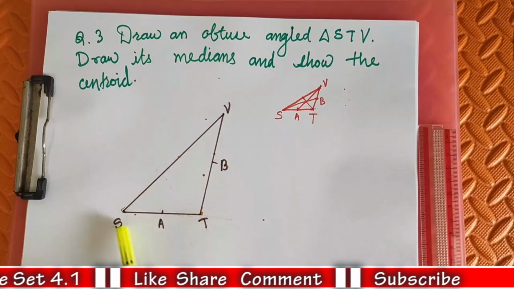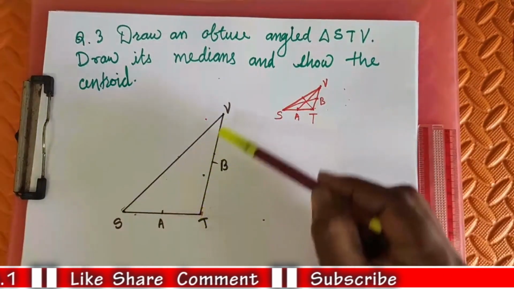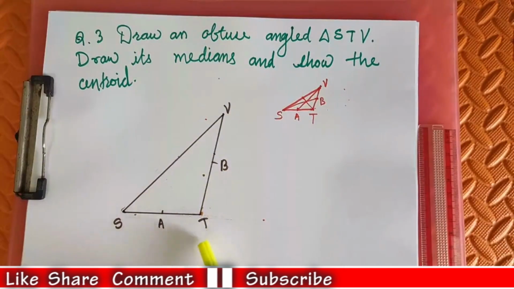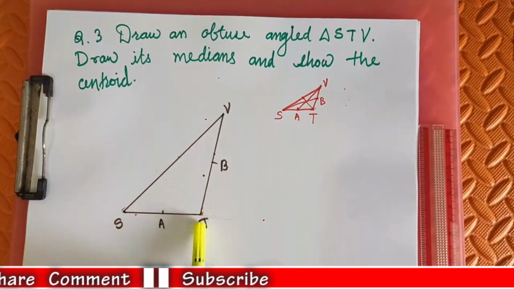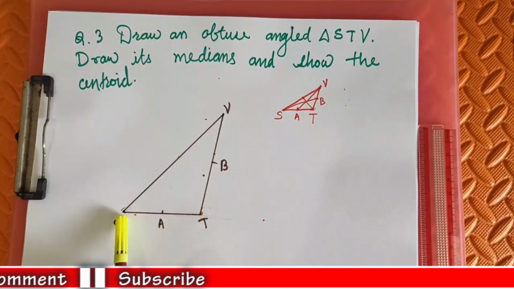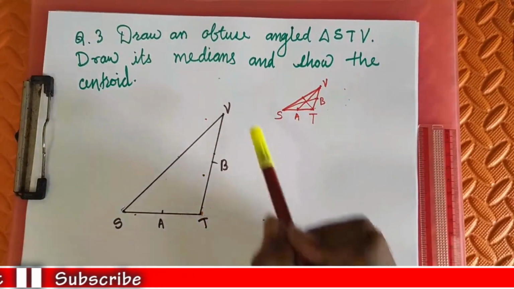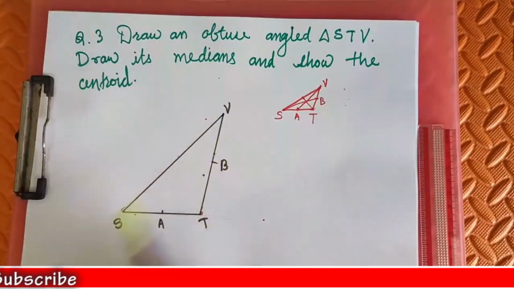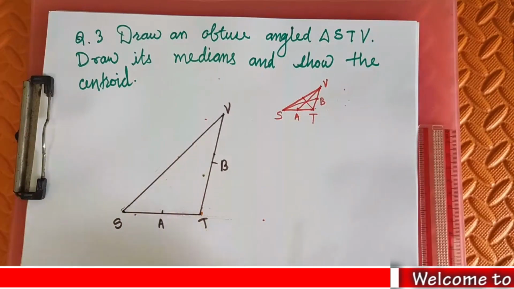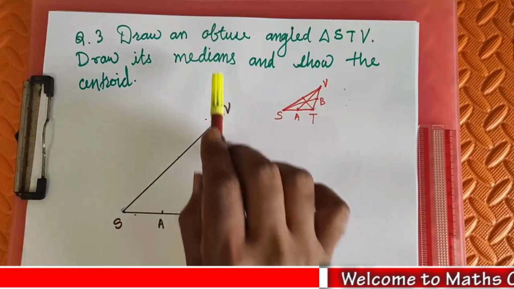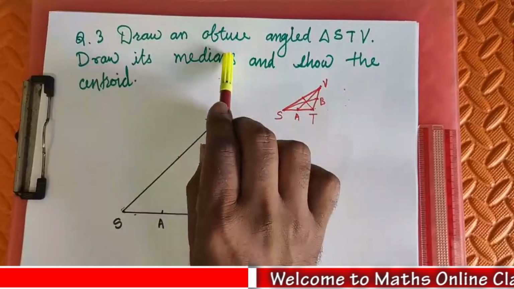I have taken here 6 centimeter, here 8 centimeter, but if you are not comfortable with this measurement, you can take 8 centimeter here, 6 centimeter, or this also 8 centimeter, this also 10 centimeter, as you wish. There is no restriction on taking any measurement if measurement is not specified in the question.